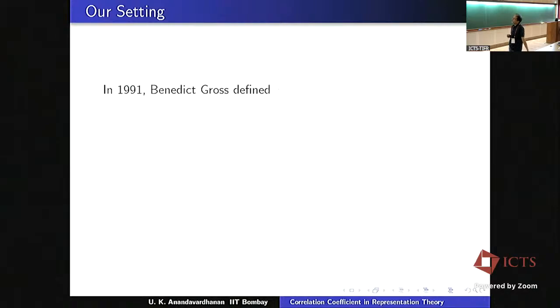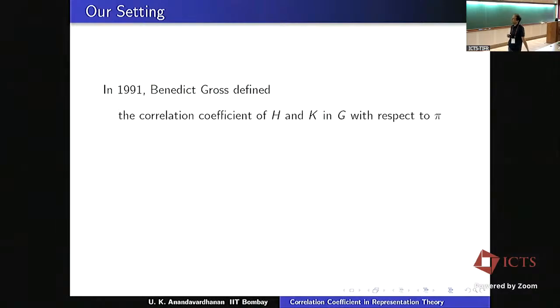And so in the maths literature, this came up in an article by Benedict Gross. So he defined the correlation coefficient of these two subgroups in the big group with respect to the chosen representation as the inner product that you have fixed, the angle between VH and VK, and take the mod square. So this is the definition of the correlation coefficient.